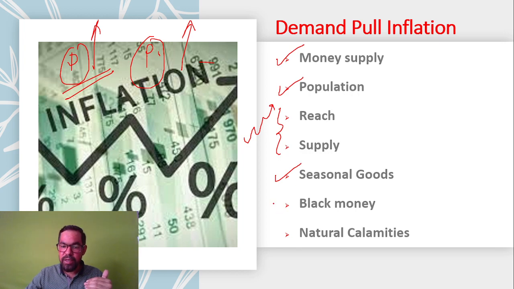Black money in circulation, the next reason. If there is black money in any economy, they cannot deposit that money in banks because the source of that income is not defined, so they'll spend that money. So black money is definitely going to increase demand, because they are just spending that money, right?